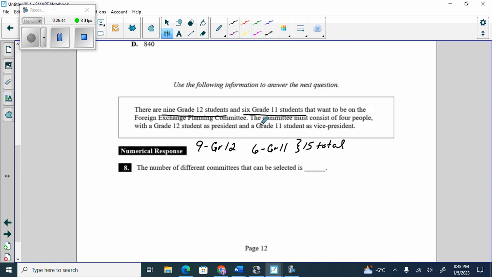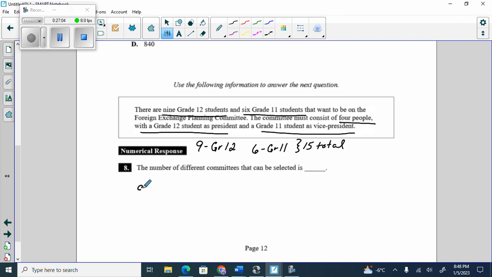All right. The committee must consist of 4 people, with a grade 12 student as a president, a grade 11 student as a vice president. Okay. So we need a grade 12 president.